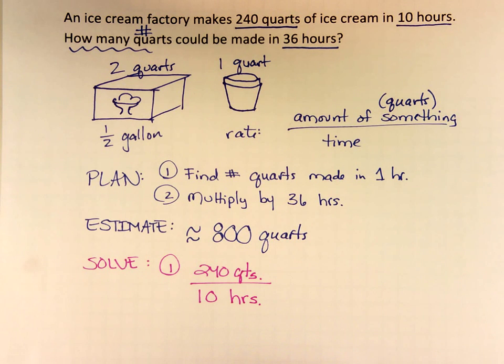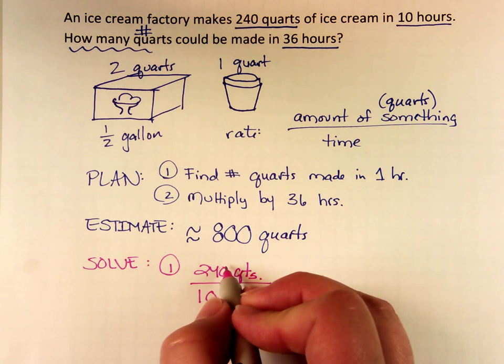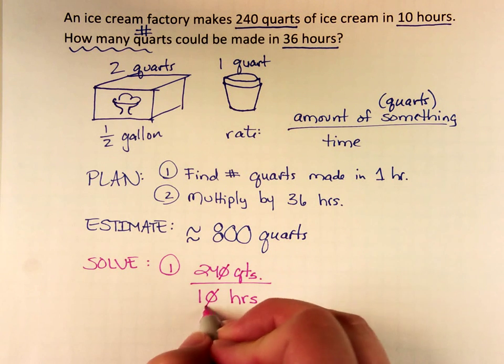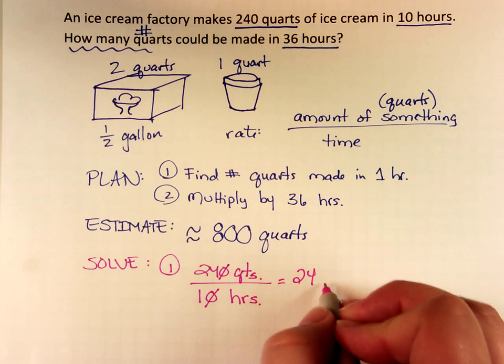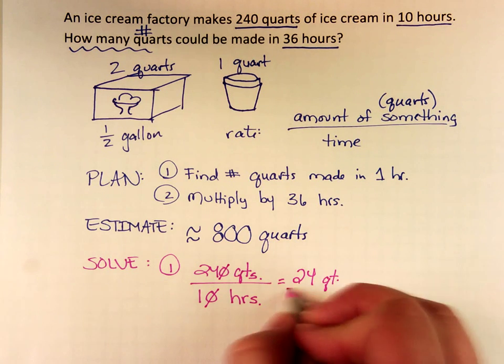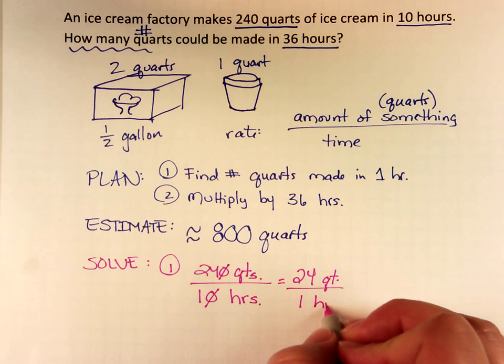We could get a calculator out, or we could cancel our zeros. 0 on the top cancels with a 0 on the bottom. And I'm left with 24 quarts for every 1 hour. That's the rate.